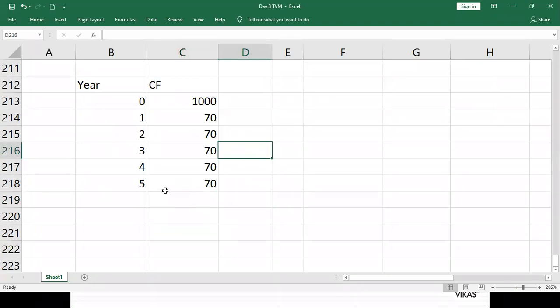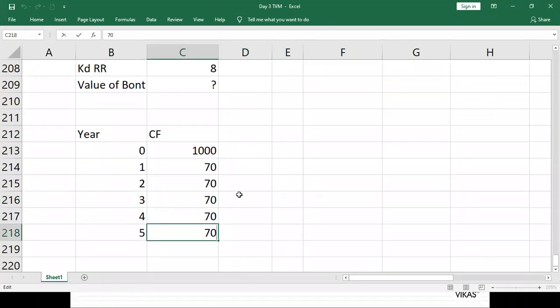Then at the end of the 5th year, you can redeem your bond at maturity value. How much is the maturity value of this bond?